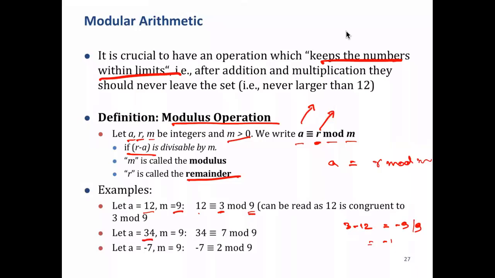Similarly, if a is 34 and m is 9, we get 7 here, because 7 minus 34 is minus 27, and minus 27 is divisible by 9, and so on. Similarly, for minus 7 and 9 we get answer 2, because 2 minus minus 7 is 9, which is divisible by 9.